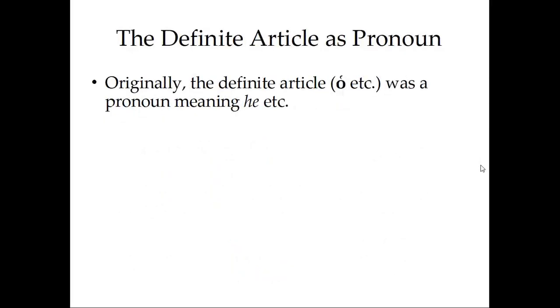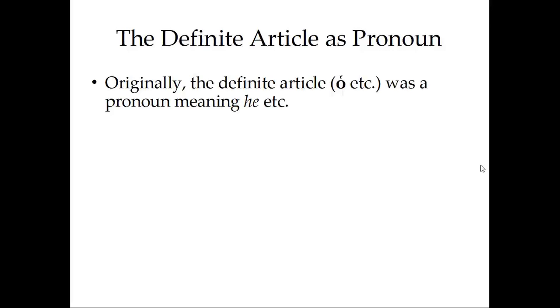Finally, the last thing we'll look at today: the definite article as pronoun. Originally, the definite article, ho, he, to, etc., was a pronoun meaning he, she, it, etc. By originally, we mean prior to most of the Greek that we're looking at. In Homer, we see uses of it like this.